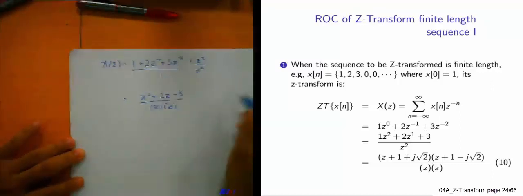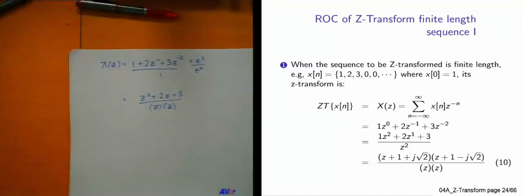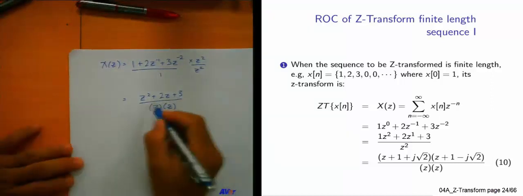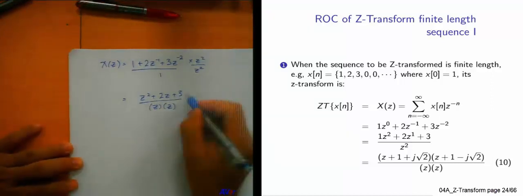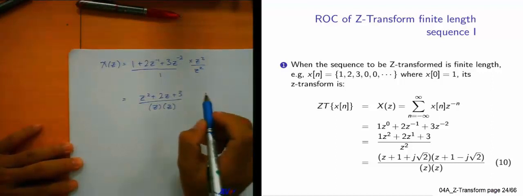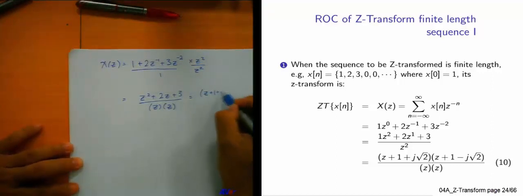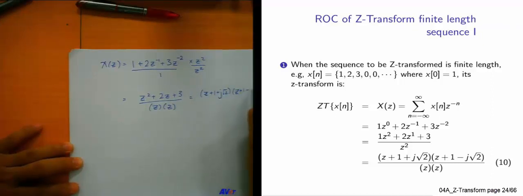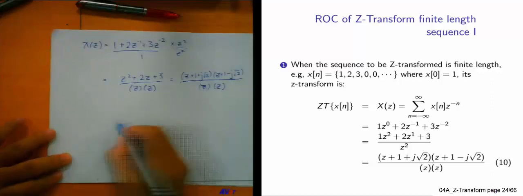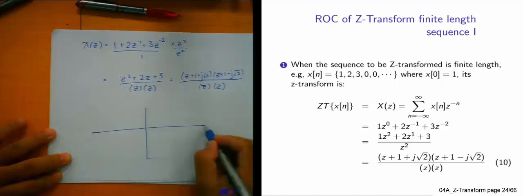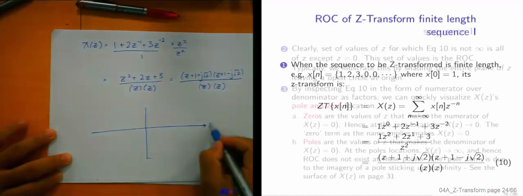So now, if I really want to draw, I will factorize this. Then what do I do? This is the real axis of z.